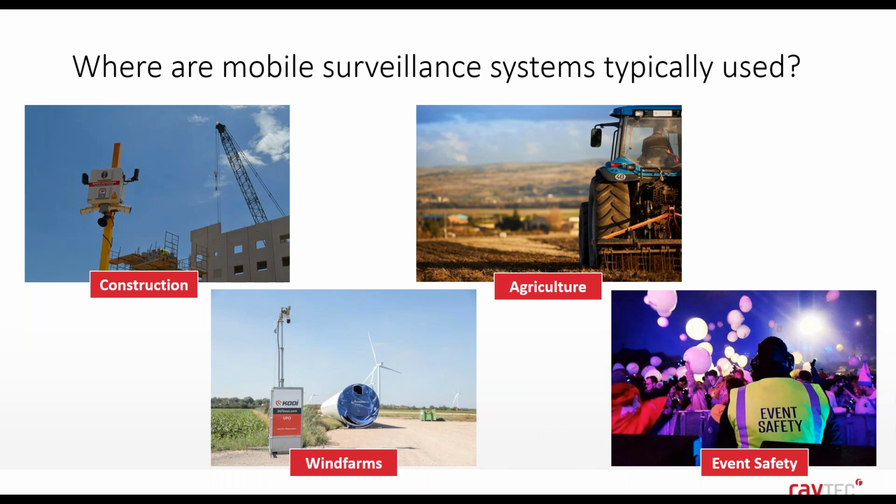The second of which is wind farms, and this is again an area where we've had a lot of success, and specifically with a company called Koi. This is primarily in the Benelux region where there's a lot of wind farms being built at the moment.